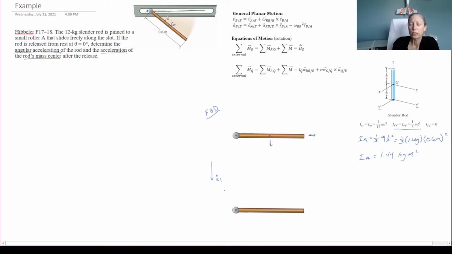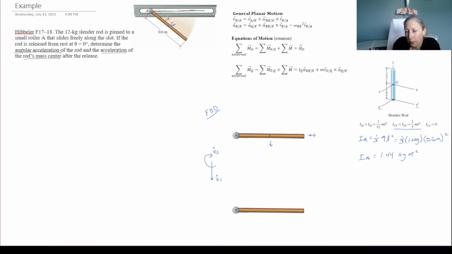And then it's going to be rotating clockwise initially, right? And so I want a unit vector that's going to be positive in the clockwise direction. I'm going to make this my E3 unit vector. And so now I need an E2 unit vector such that E1 cross E2 is going to be E3.